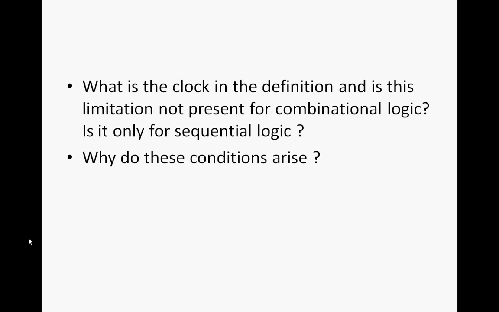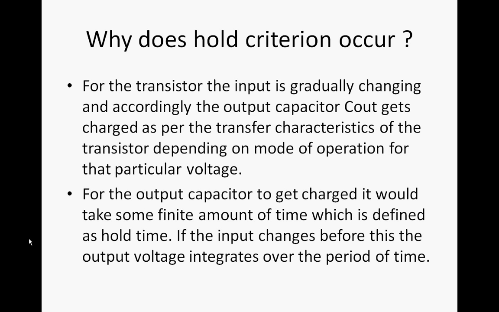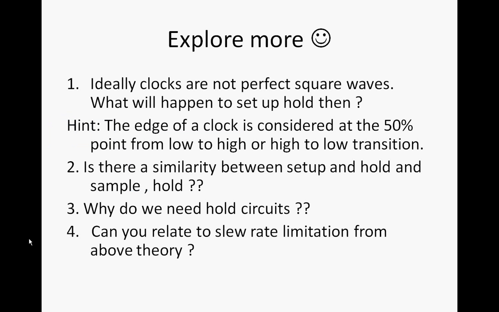From that 50% point, we should ideally estimate the setup condition. The value at the input would be sampled at the 50% point of the rise of the signal. So accordingly, the rise time of the clock should be considered for finding out the setup and hold.